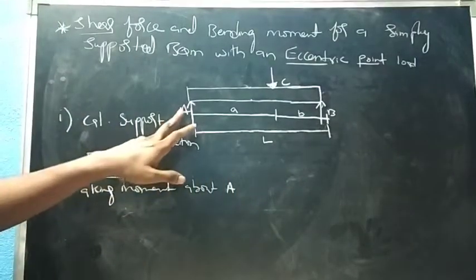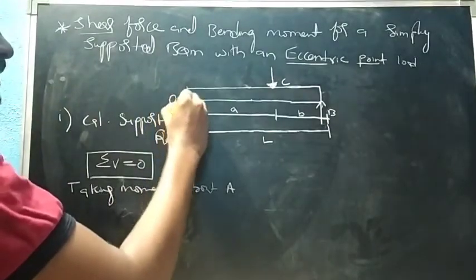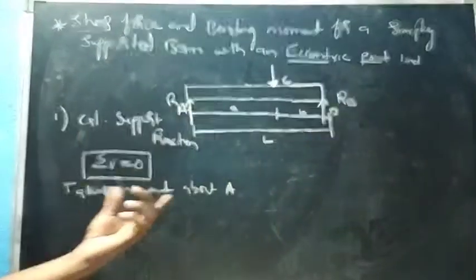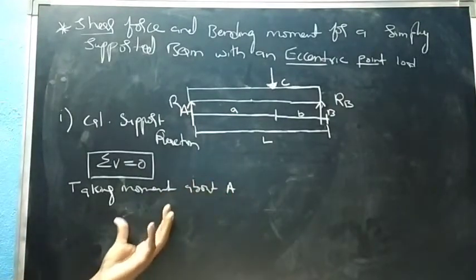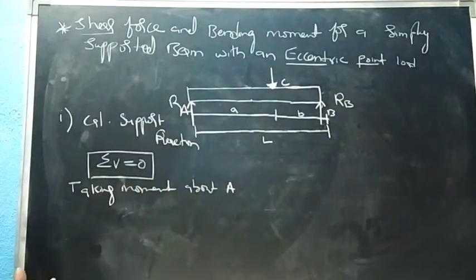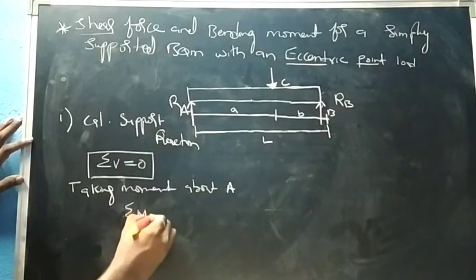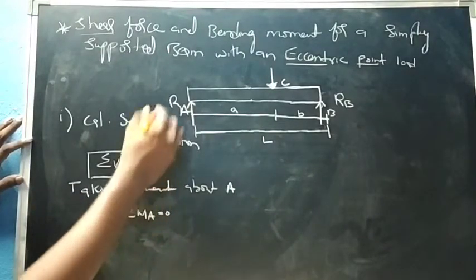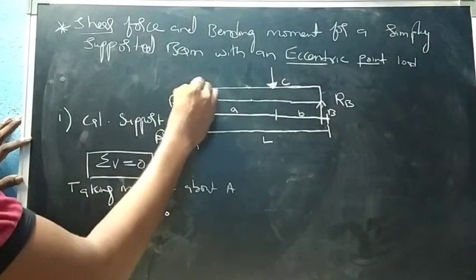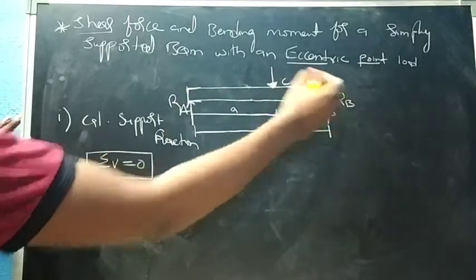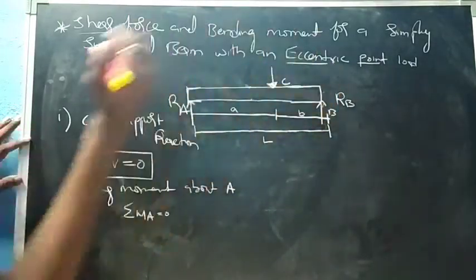In order to find the reaction at A and the reaction at B, I am taking moment about A. You can also take moment at B. So the summation of moment at A equals 0. At this point it is 0, so I have to calculate from left to right.